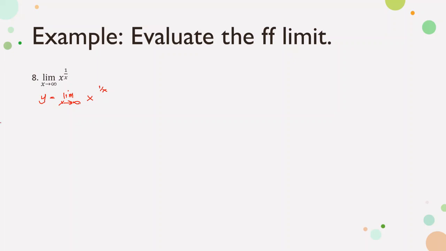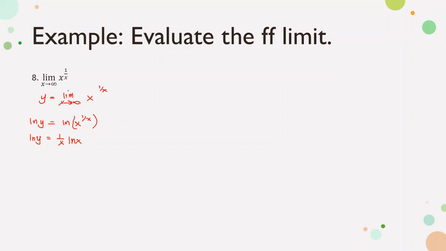And then afterwards, we have to take ln of both sides. So this would become ln y is equivalent to ln of x raised to 1 over x. As we know from the properties of natural logarithm, the exponent would be placed beside the ln. So we have 1 over x times ln of x.